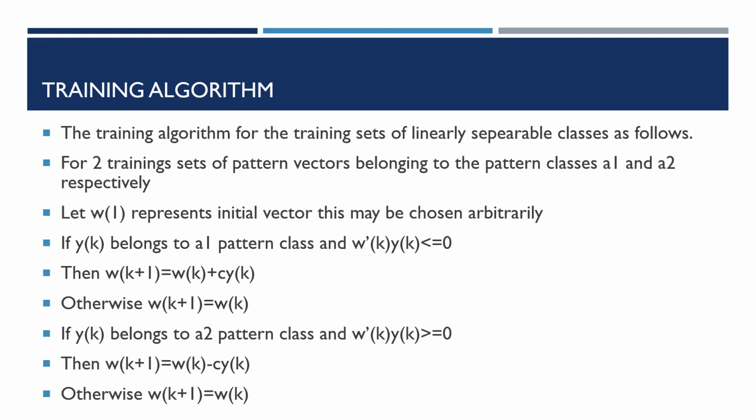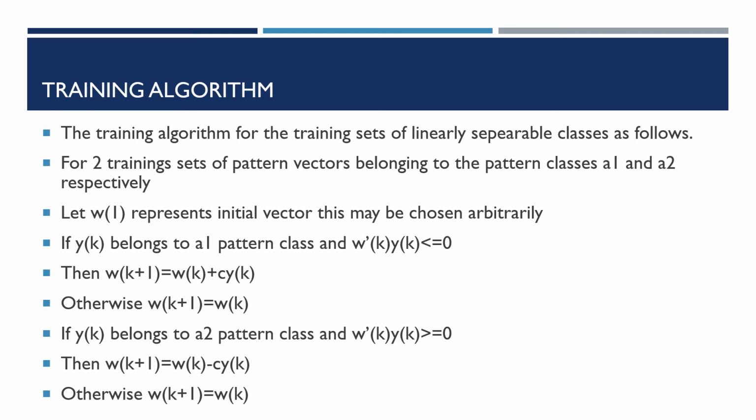After k iterations, if y of k belongs to the A1 pattern class and w transpose of k times y of k is less than or equal to 0, then w of k plus 1 equals w of k plus c times y of k. Otherwise, w of k plus 1 equals w of k.